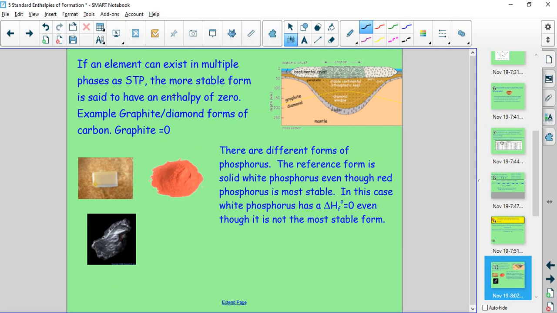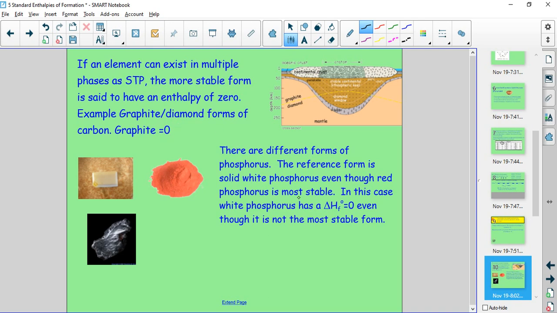Now, typically, elements can exist in different states, different phases. So, for example, carbon can exist as graphite, or it can exist as diamonds. Typically, what you'll find in tables is reference to the more stable form, and that would be, well, arguably can be either, but in this case it's chosen that graphite is going to be the standard reference and it's going to have a zero heat of formation.